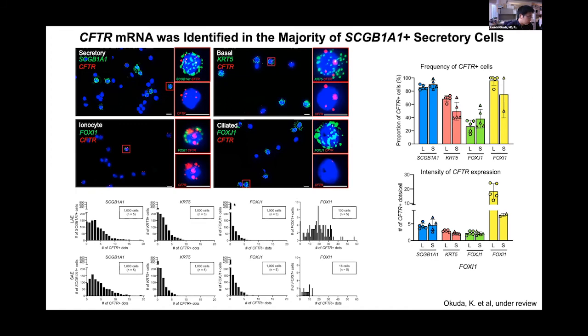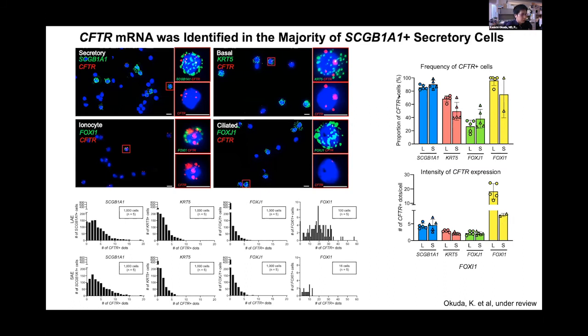That means the FOXJ1 positive ciliated cells tend not to express CFTR. In contrast, FOXI1 positive ionocytes express more dots per cell, especially in large airways, and small airways show only 16 cells in all the slides we studied.